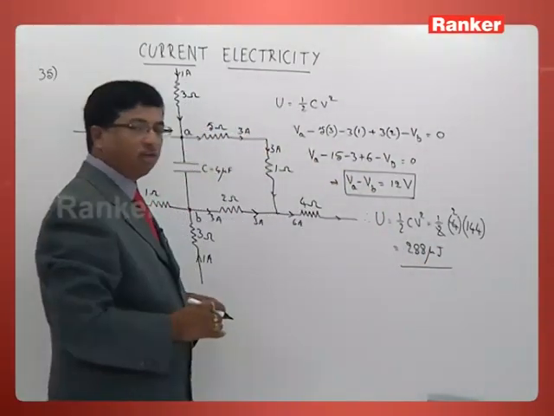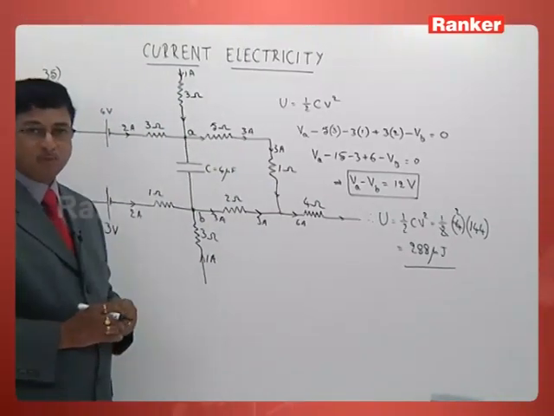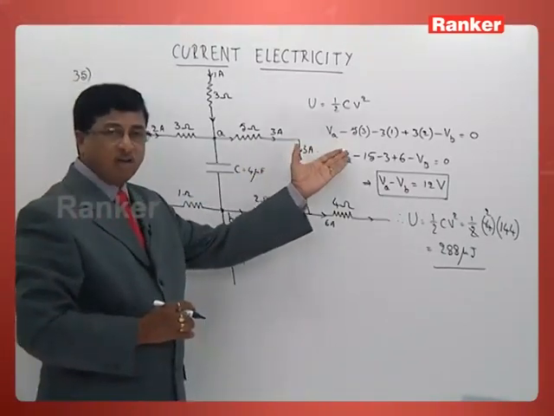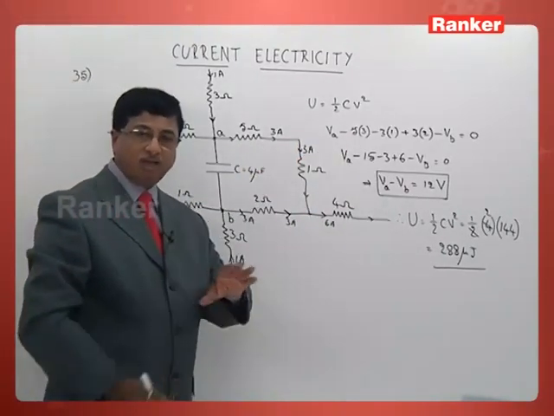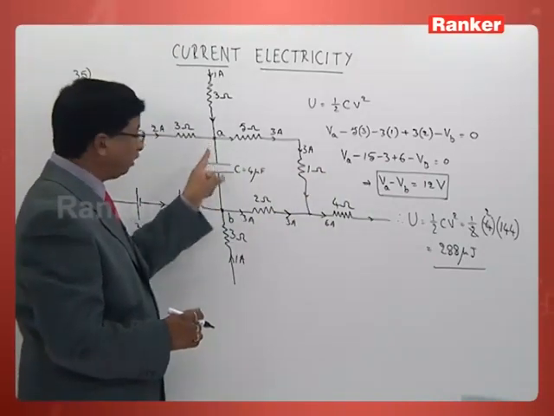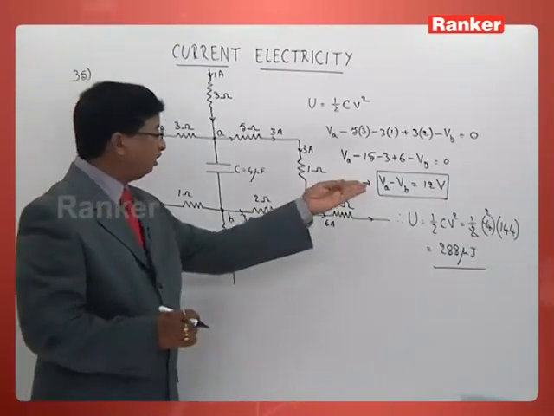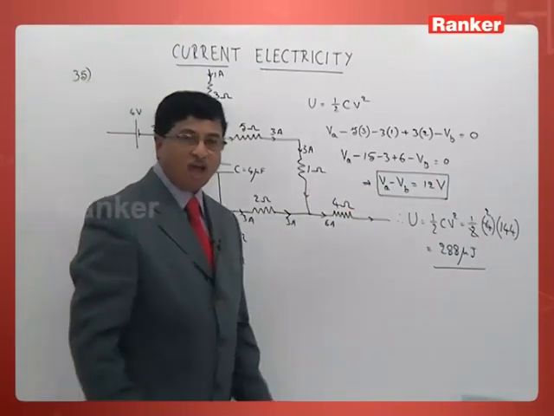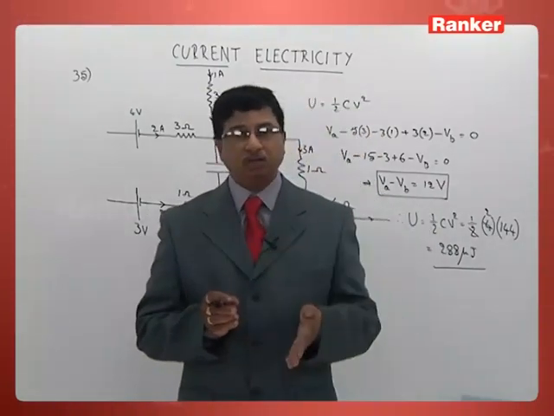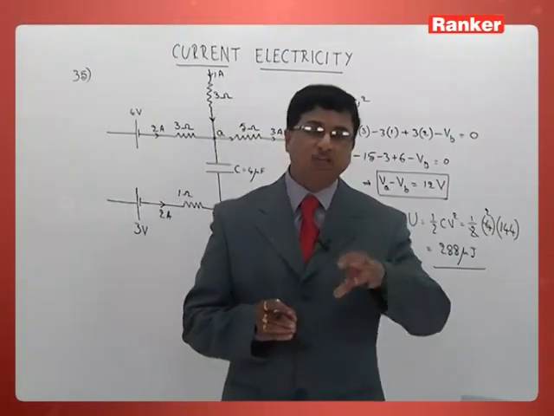So what is the total energy that is stored in the capacitor? Suppose if they ask you, you just have to apply the concept of second law of Kirchhoff, and calculate using that second law the potential difference across the plates of the capacitor. That of course we have got as 12 volt here. After getting the 12 volt there, half CV square formula we all know, that is for the energy stored in a capacitor.